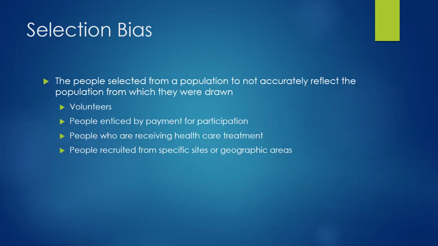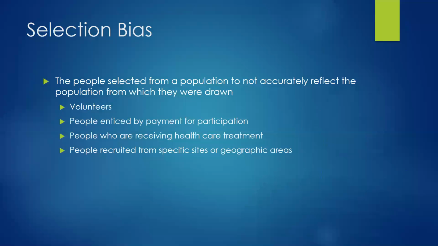Volunteers may be more healthy than people who don't volunteer to participate. So that could result in selection bias. It also can happen if we're offering some sort of payment or other incentive. People who most need that money or need the incentive might be more likely to participate than those who don't.